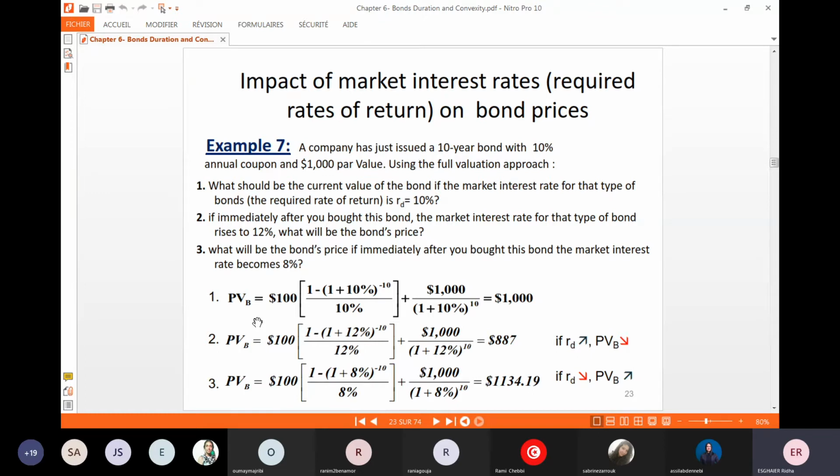Donc try to adapt the interest rates نتاعها نتاع البوندز اللي باش تعمل لهم new issuance لل required rate of return وقتها. The required rate of return هو 12%.